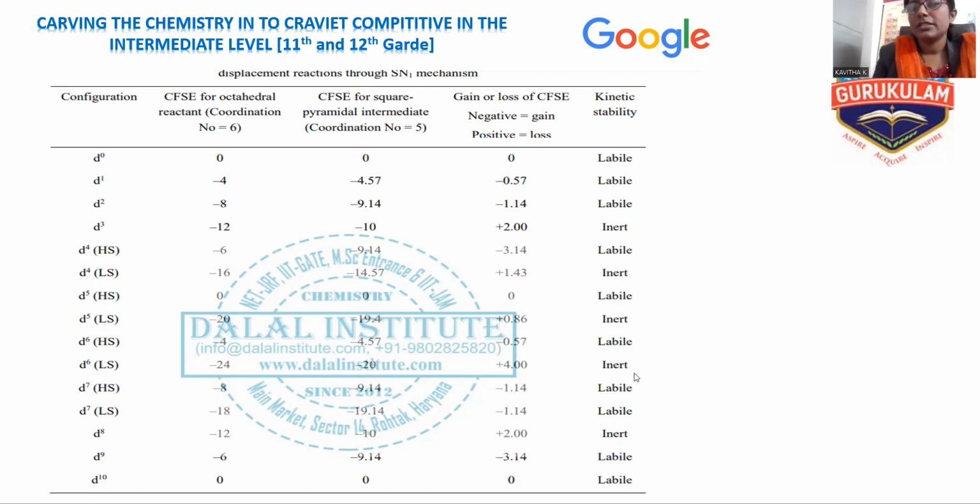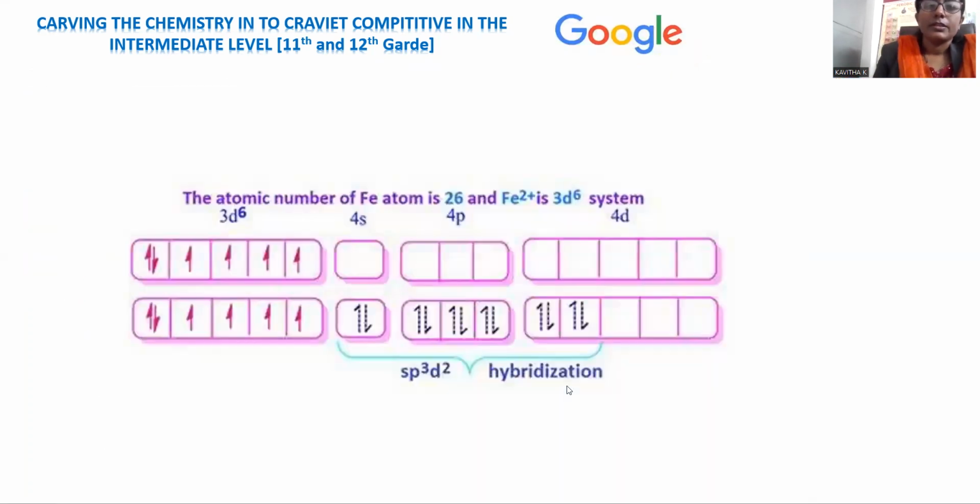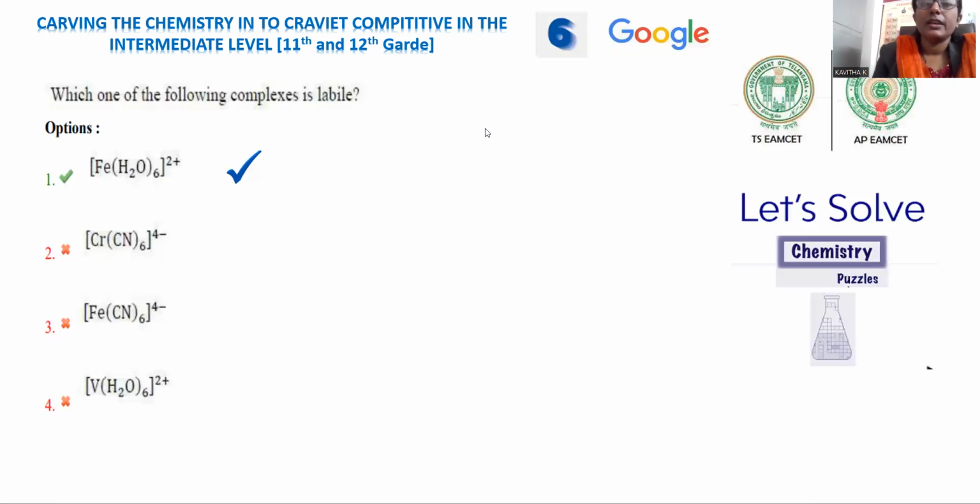So this is the way we can categorize all the compounds into labile and inert based on the d orbital system, whichever system it is. Based on that, labile or inert nature will depend. Okay, so that's all for the day. For question number 6, option number 1 will be the correct answer. The labile complex will be the hexa aqua iron plus 2 complex cation, right?